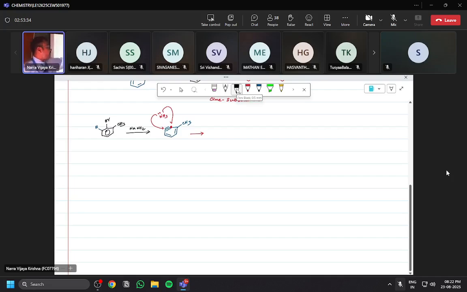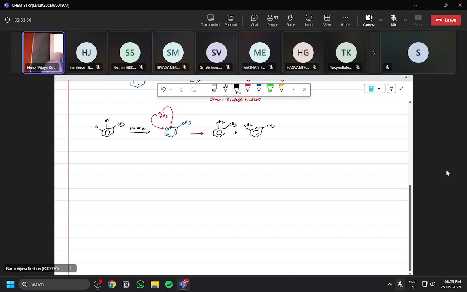If it attacks here, this bond will be shifted, leading to the ortho product. If NH2 attacks here, then it is the meta product. Which is preferred, ortho or meta?